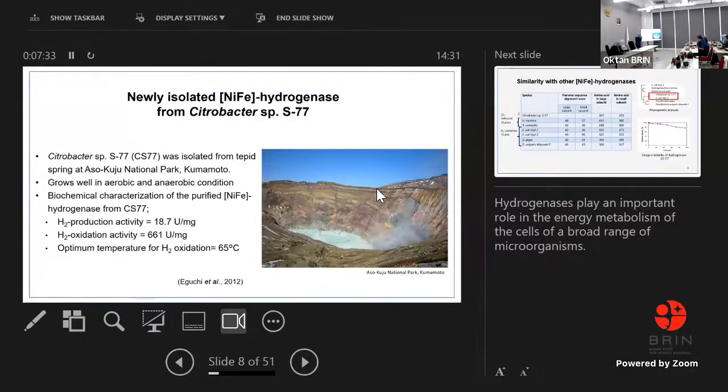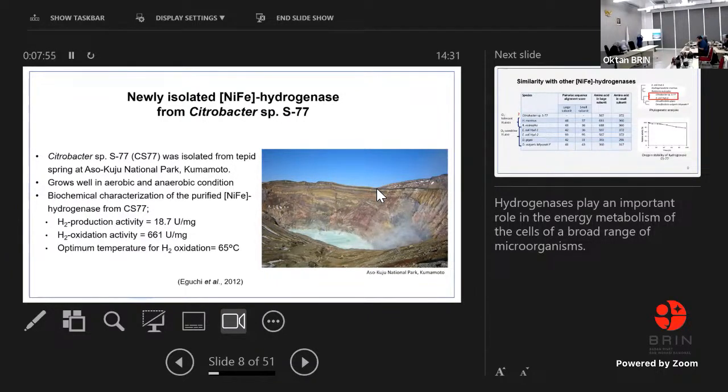All right, now we are talking about the subject of my studies, which is the nickel iron hydrogenase isolated from Citrobacter species S77. It was isolated from a national park in Kumamoto. It grows well in aerobic and anaerobic conditions.